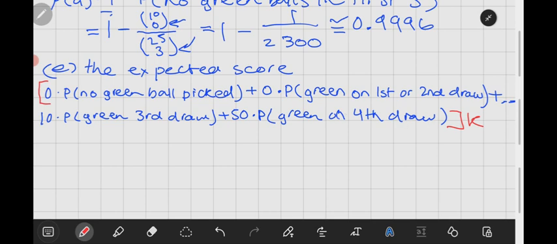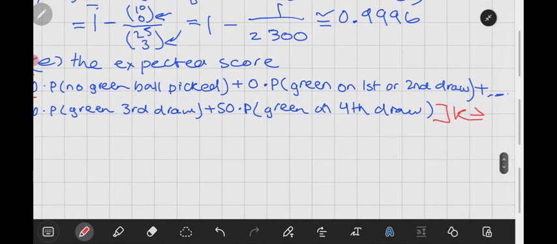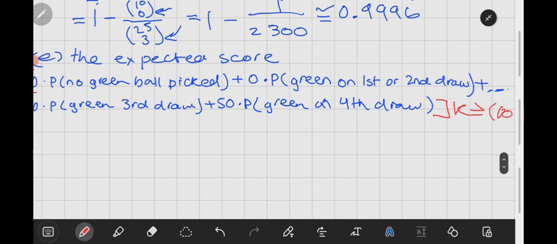And the expected score for K games will be K times the expected score for one game. So we need to find the least value of K so that the expected score is greater than or equal to 100.